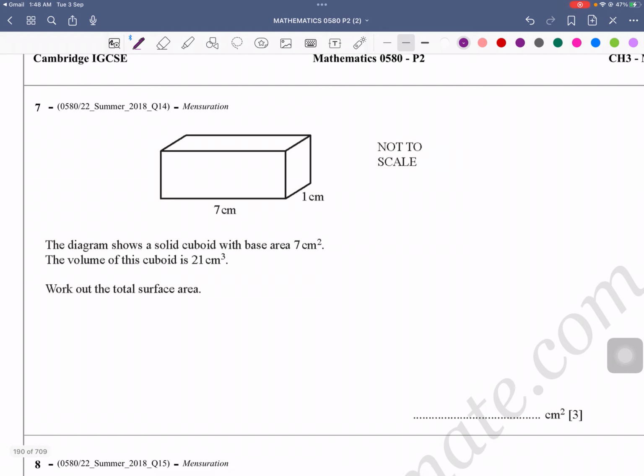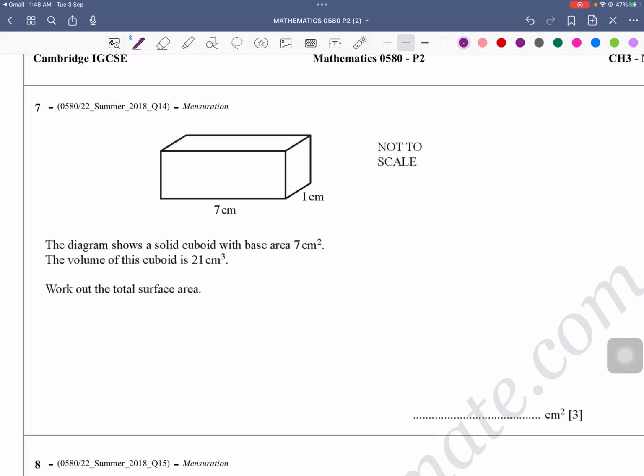They've given us a solid cuboid with base 7, so we know that the base is 7, and they've also given us the volume of it. Total surface area is basically the area of all the surfaces combined, right?